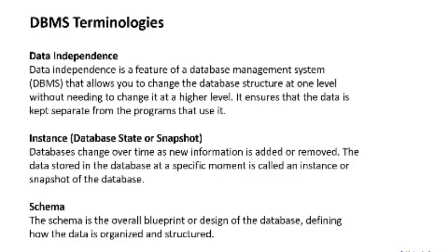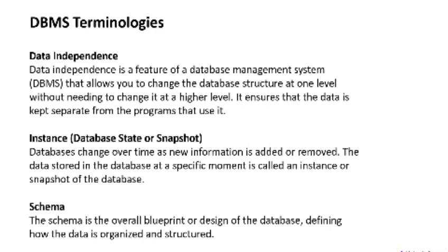Now we are going to see the DBMS terminologies. Firstly, data independence. Data independence is a crucial feature in a database management system that allows you to change the database structure at one level without having to make changes at a higher level.